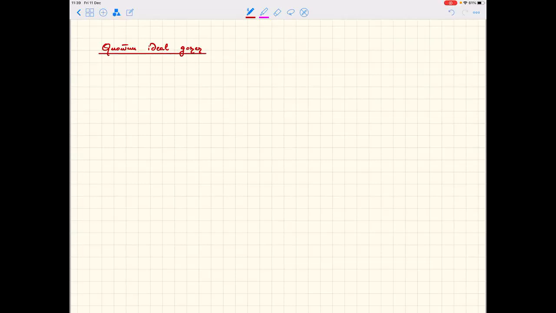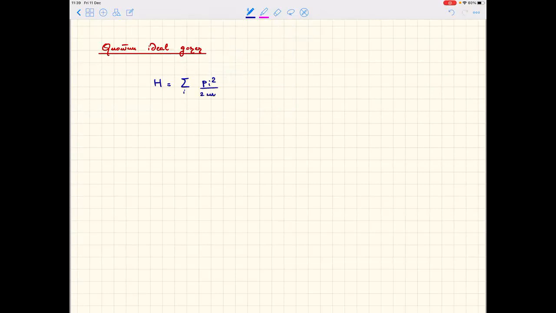Now, ideal gases are made typically of indistinguishable particles, right? And they are essentially a gas made of molecules that are all the same. And they have a free Hamiltonian of this type.